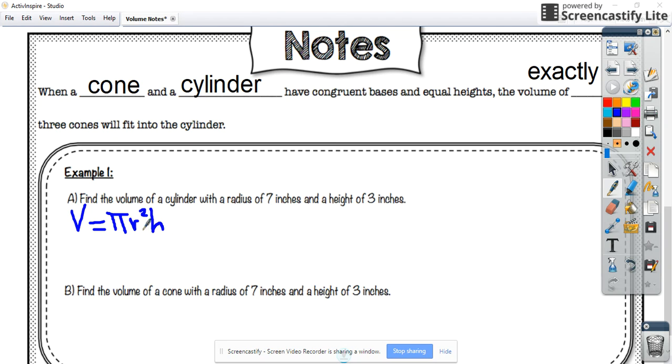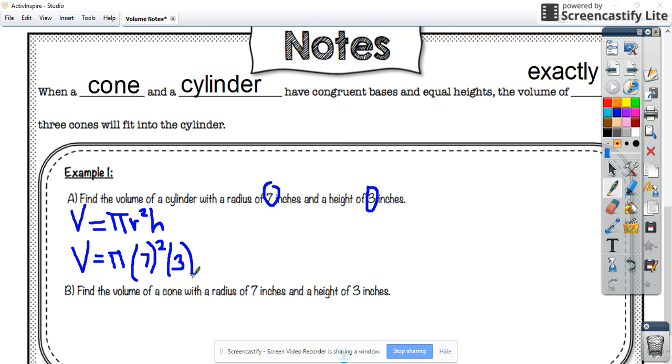Okay, r stands for the radius, that's 7. The height is 3, so you're going to substitute those numbers. So you've got volume equals pi times 7 squared, and the height is 3 times 3.